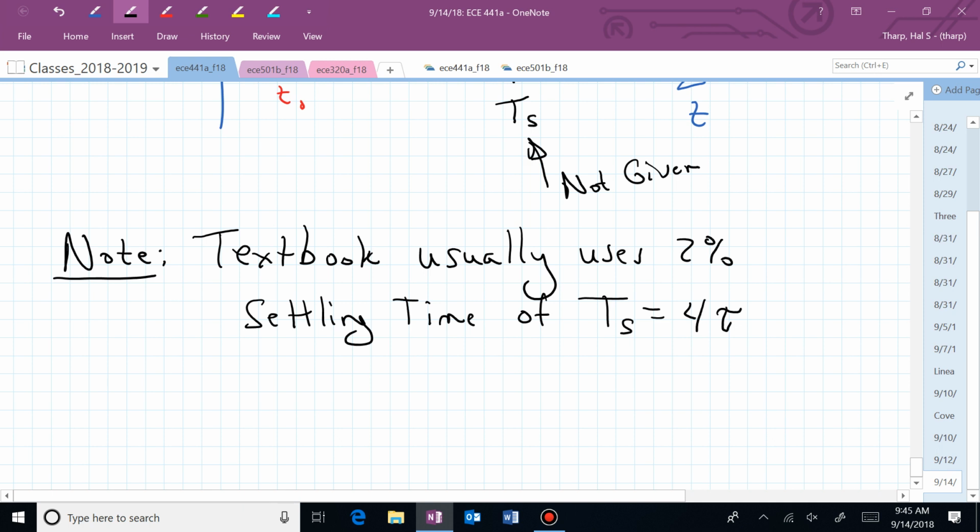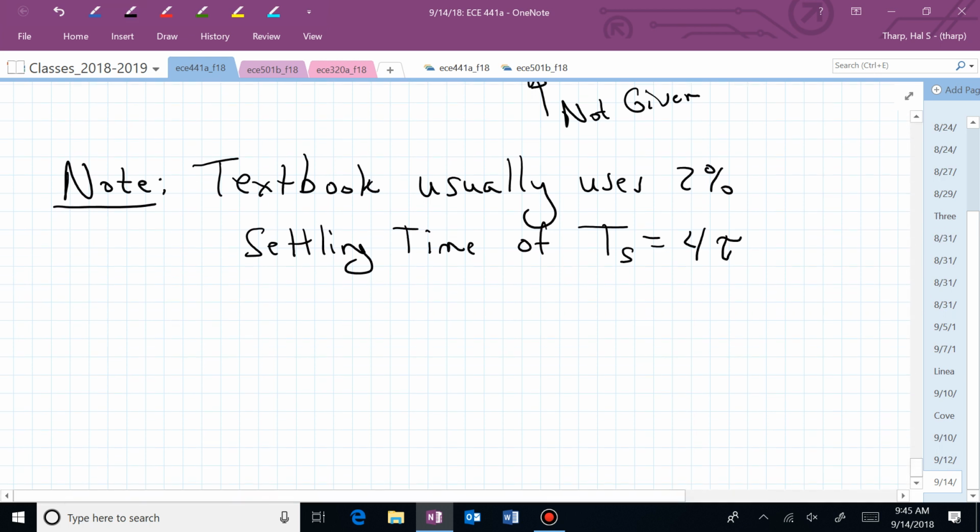So you'll see different sources talking about a settling time of 4 tau or 5 tau. Now you know that that just corresponds to either when you get into the 2% tube or the 1% tube of your final value. And you obviously get into the 2% tube sooner than the 1% tube.